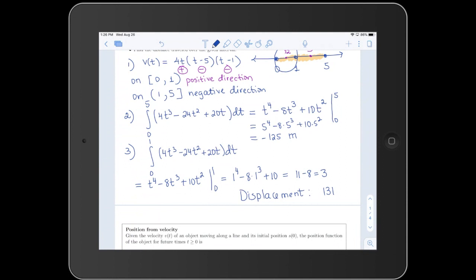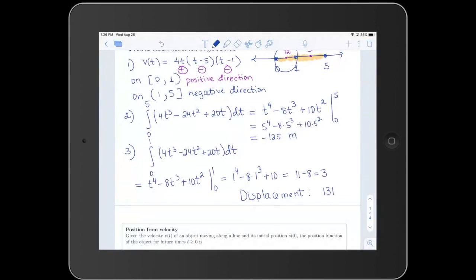I think, on your step number 2, you're evaluating it from 0 to 5. Should that be from 1 to 5? No, not on step 2. It's the second part of step 3. The second part of step 3 would be evaluating from 1 to 5 instead of 0 to 5, because step 2 was evaluating from 0 to 5.